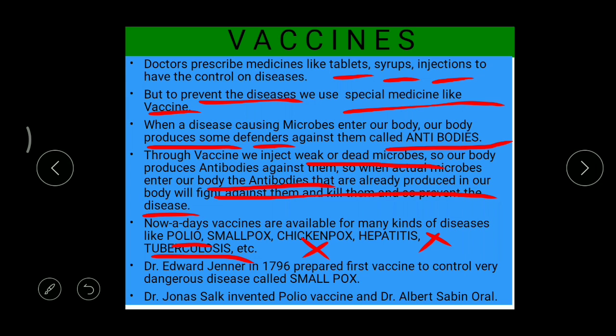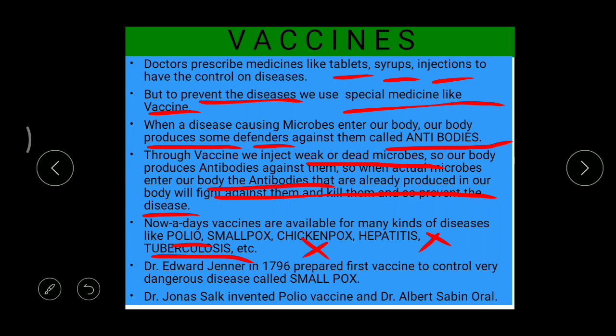In this pulse polio program, we can find medical department people giving this vaccine to the children who are below 5 years. Have you seen? So what is the use of that? Means to control polio completely in our country.